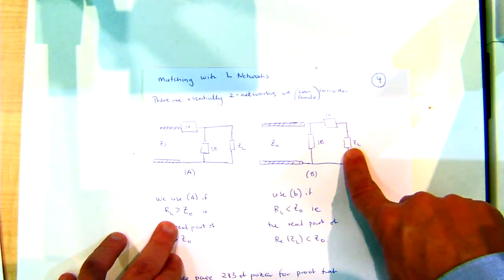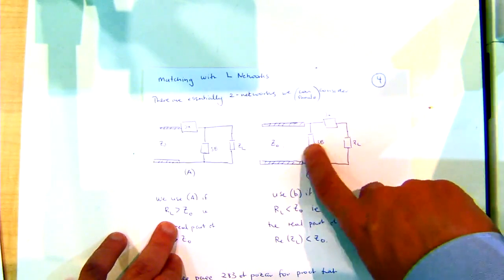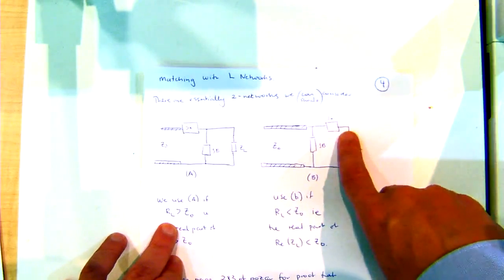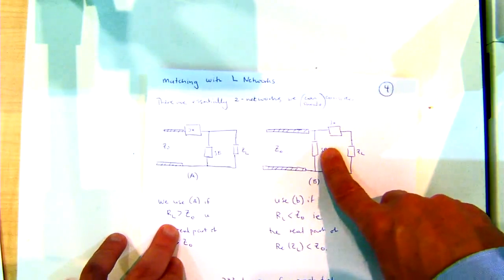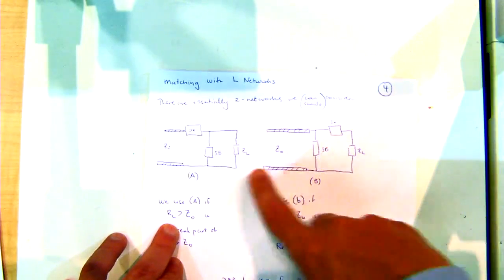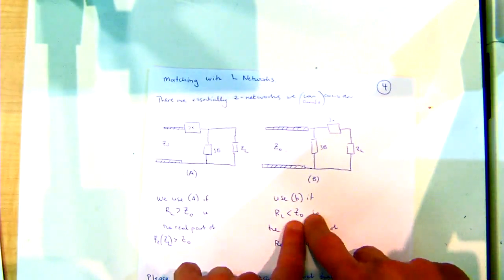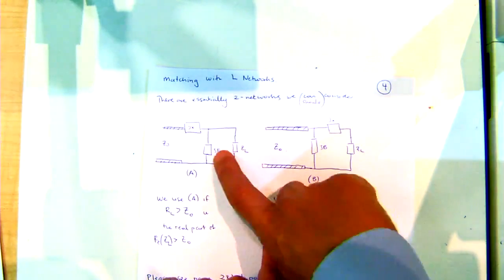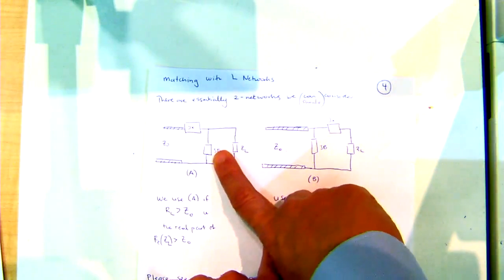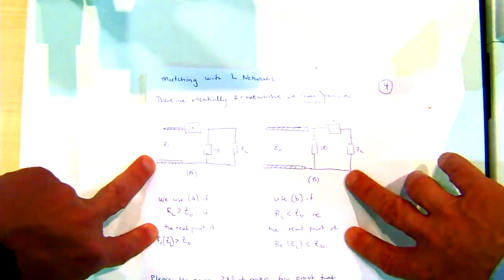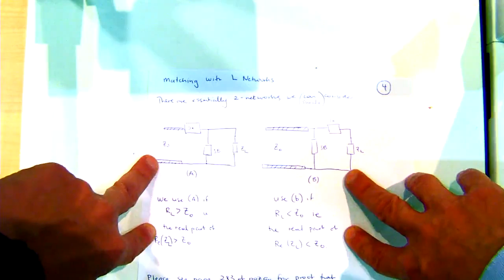You won't be able to find purely lossless elements that you can add that will give you a solution. And likewise, if the real component of your load impedance is less than Z0, if you chose this, you may get a solution, but you may not. But if you choose it based on these following rules, you're always guaranteed a solution.